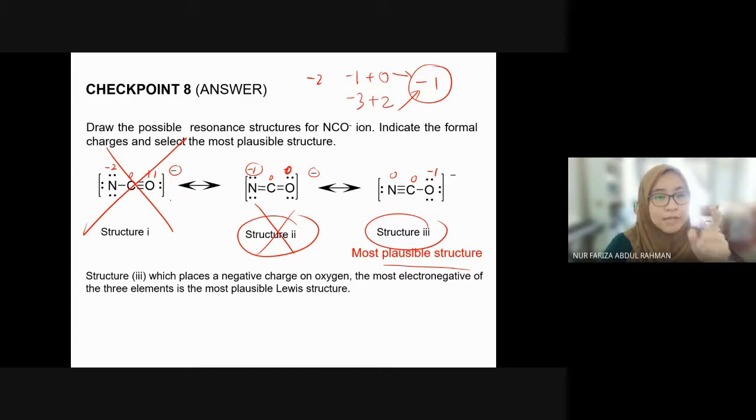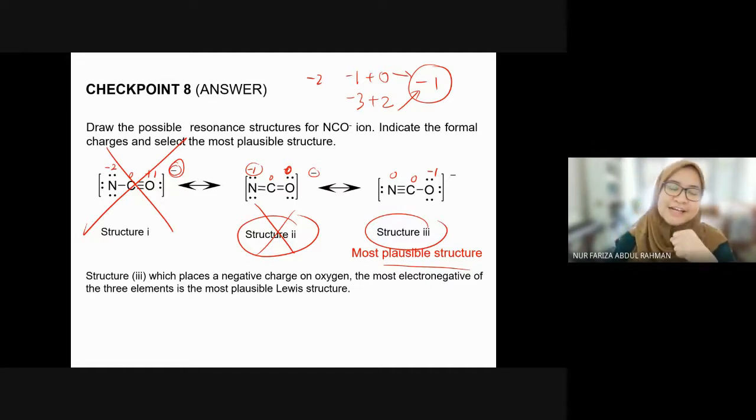One of the tips is to make sure that the total formal charge should be the same as the charge. Kalau charge dia 0, that means the total formal charge when you total up should be 0. Itu just to make sure that you are on track lah. Itu belum lagi you pilih which one is the most possible one. Itu just nak make sure betul tak you calculate formal charge ni.